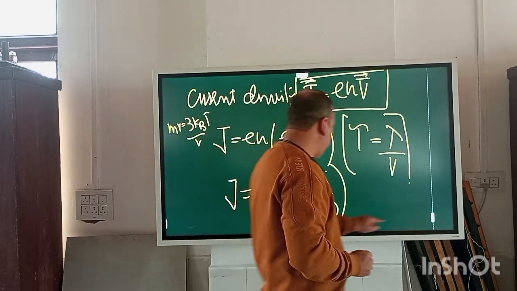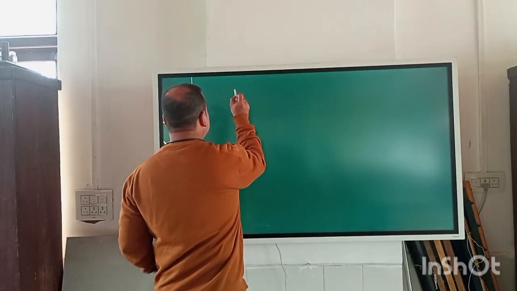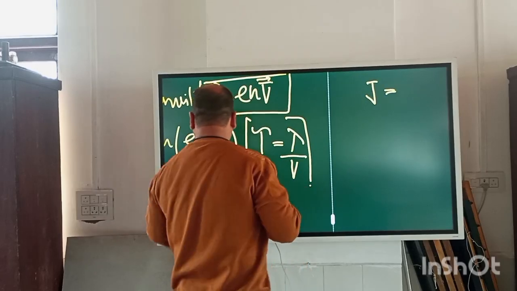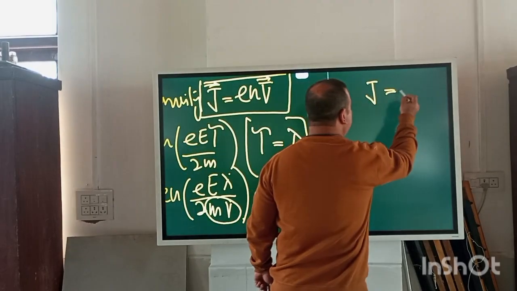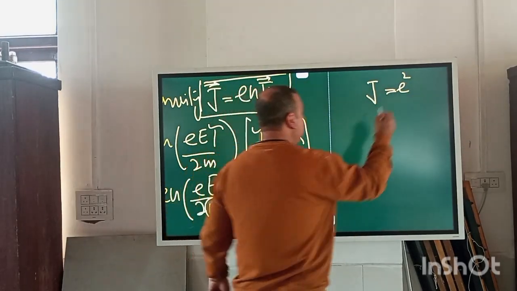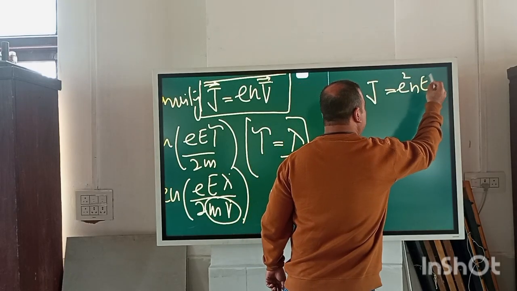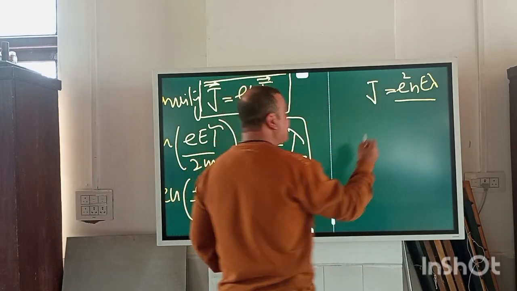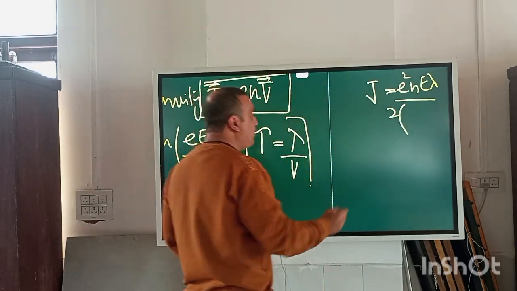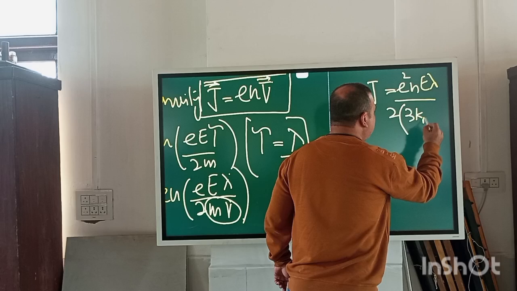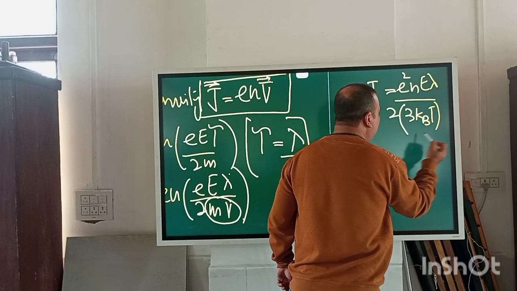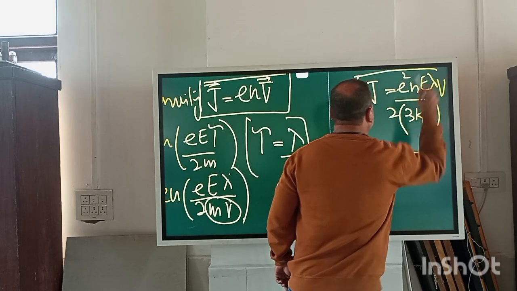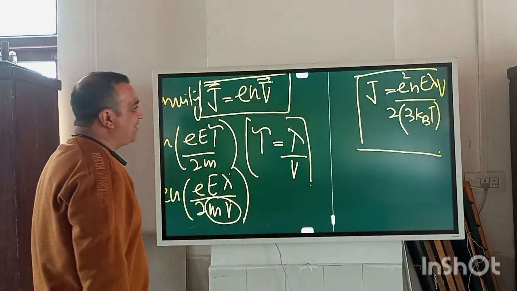So J is equal to e squared n E, and then lambda divided by 2, and for mv, I'll be using 3 kB T divided by v, that v will be multiplied here. So this will be my J, what's called current density.